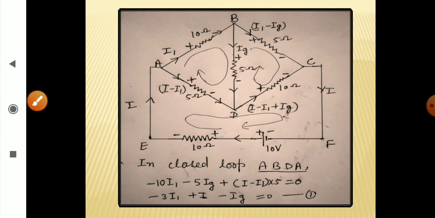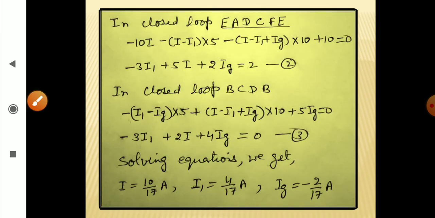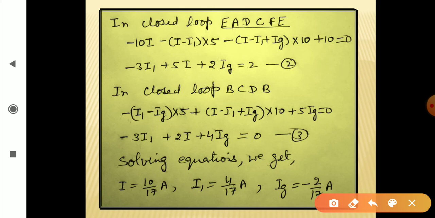So keeping all these things in mind, we write the equation: minus 10I minus I minus I1 into 5 minus I minus I1 plus Ig into 10 plus 10 is equal to 0. Simplifying it, we get this equation, equation number 2.